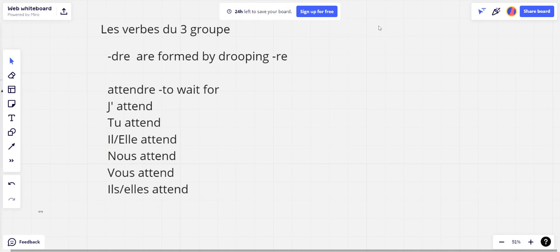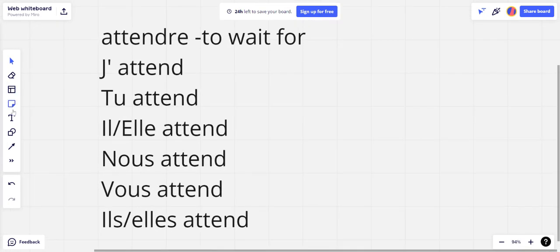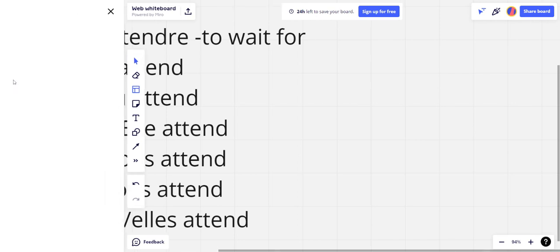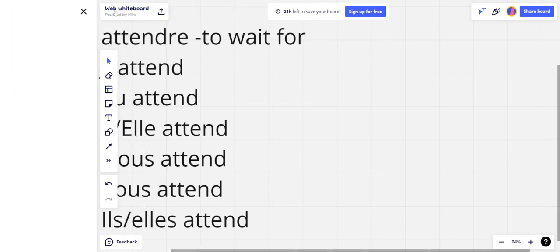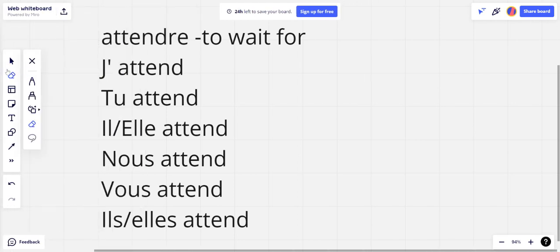But now comes the main part, that is the ending. So what are the endings? You have to be really careful to memorize them. With je it's s, with tu it's s, but with il and elle we have to be really careful.